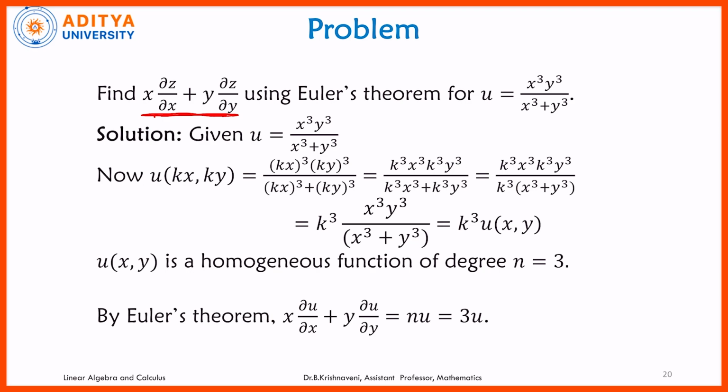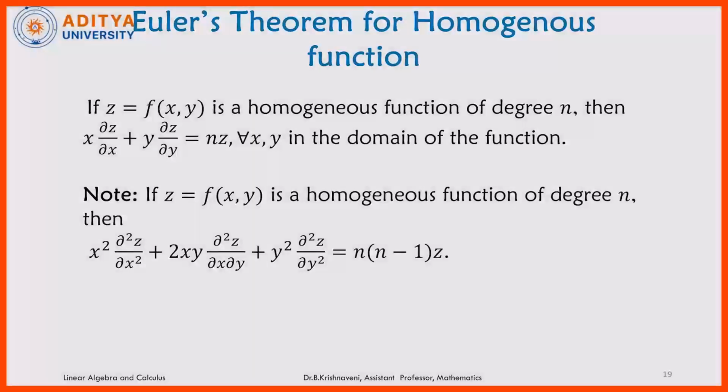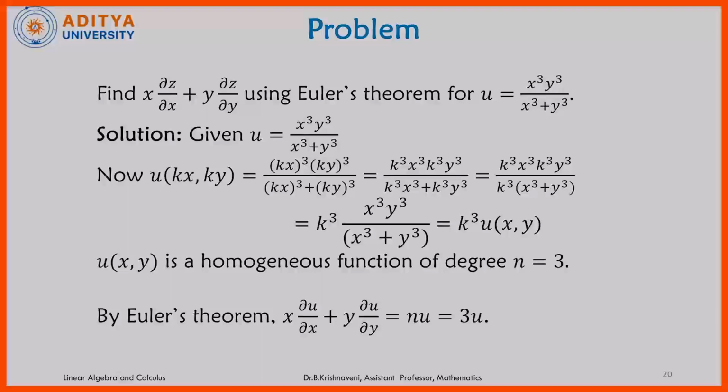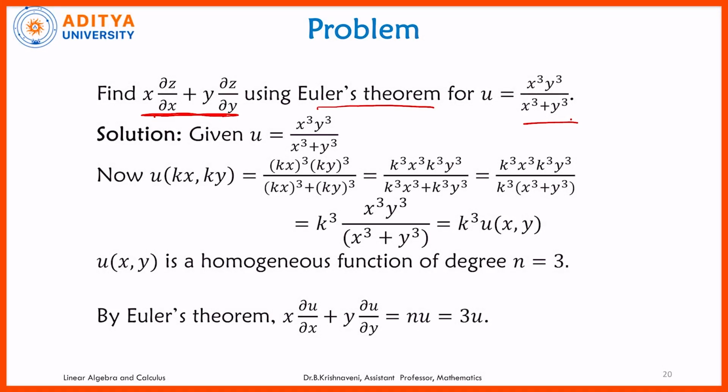Find x ∂z/∂x + y ∂z/∂y using Euler's theorem for u = x³y³/(x³ + y³). In order to apply Euler's theorem, we first need to verify whether the given function is homogeneous or not. Then only can we apply Euler's theorem. So first take the given function u = x³y³/(x³ + y³). Find u(kx, ky), which is equal to (kx)³(ky)³ divided by (kx)³ + (ky)³.